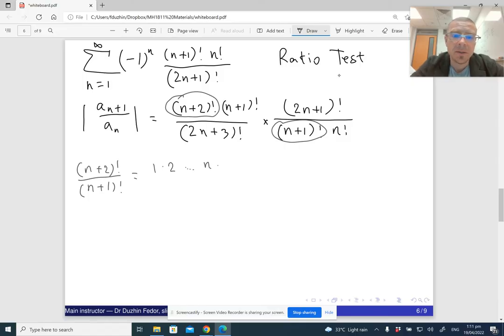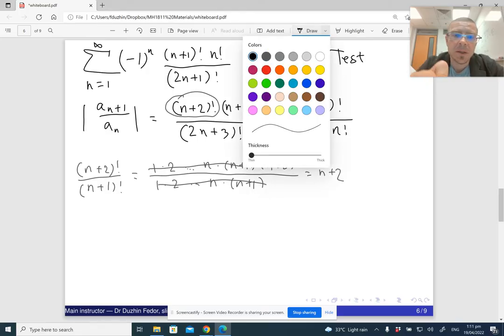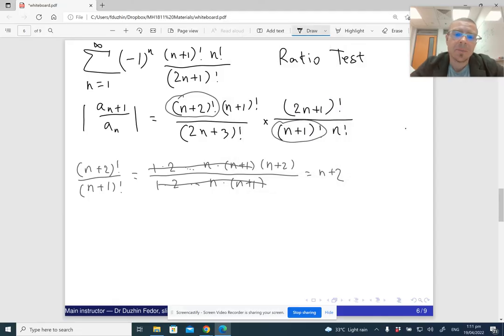So there's going to be n there, n plus 1 there, and n plus 2 there. While n plus 1 factorial is the product of numbers from 1 all the way up to n plus 1. So these are going to cancel out, and the remaining part is just n plus 2. So basically n plus 2 factorial divided by n plus 1 factorial is going to be just n plus 2.